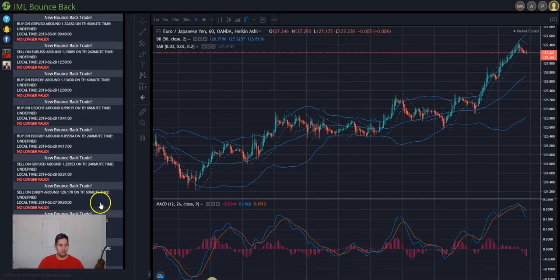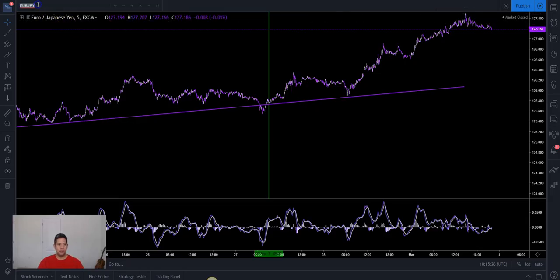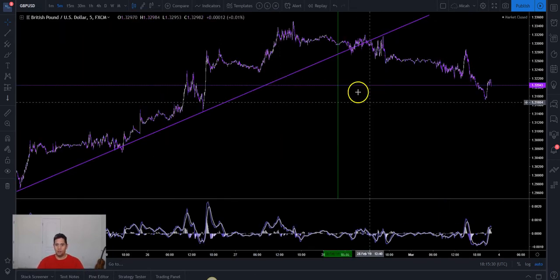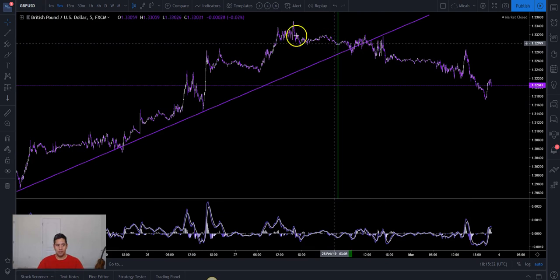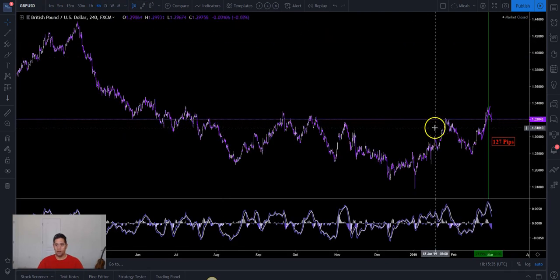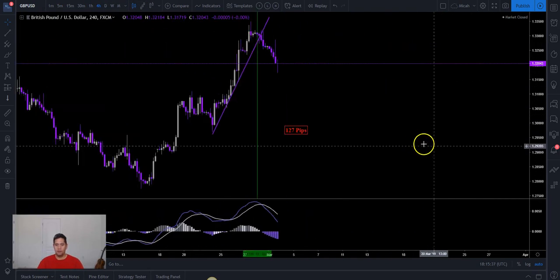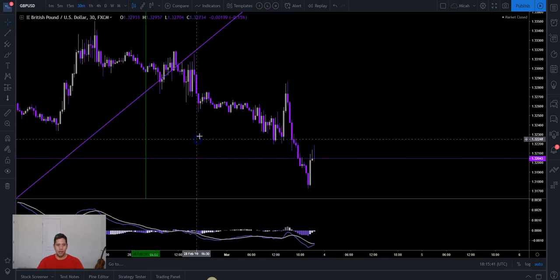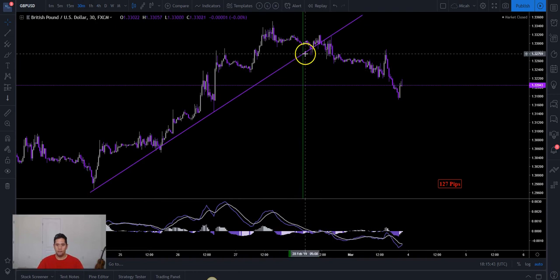Let's go on to the next trade, which was the 28th at 3:31 a.m. and it was for a sell on GBP USD, called on a 4-hour chart. From the 4-hour we drop to the 30, and I already have my trend line drawn.